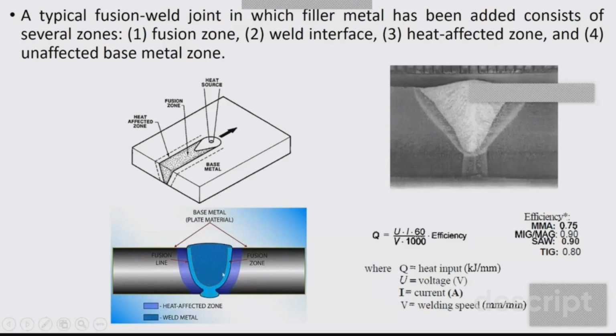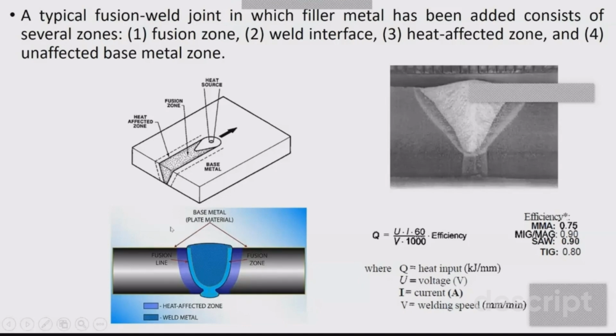One is the fusion zone, where the fusion of filler material and the weld base metal takes place by localized heating or melting of the workpieces. Then we have the weld interface, which is formed between the fusion zone and the base metal. The third zone is the heat affected zone, which is the portion of the base metal that has been affected by the applied heat during the welding process. And then the rest of the material is the unaffected base metal zone.